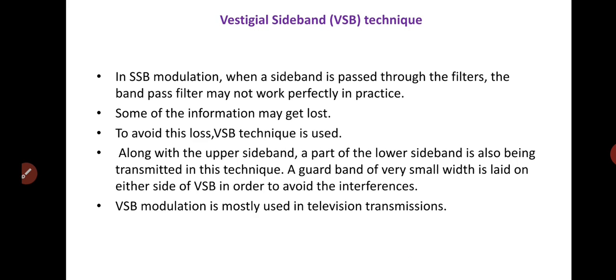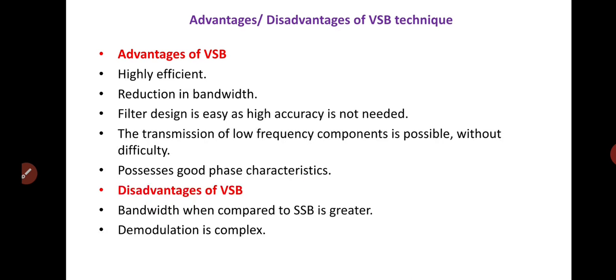In SSB modulation, when the sidebands are passed through the filters, the band pass filter may not work perfectly in practice. So some of the information may get lost. To avoid this loss, the VSB technique is used.